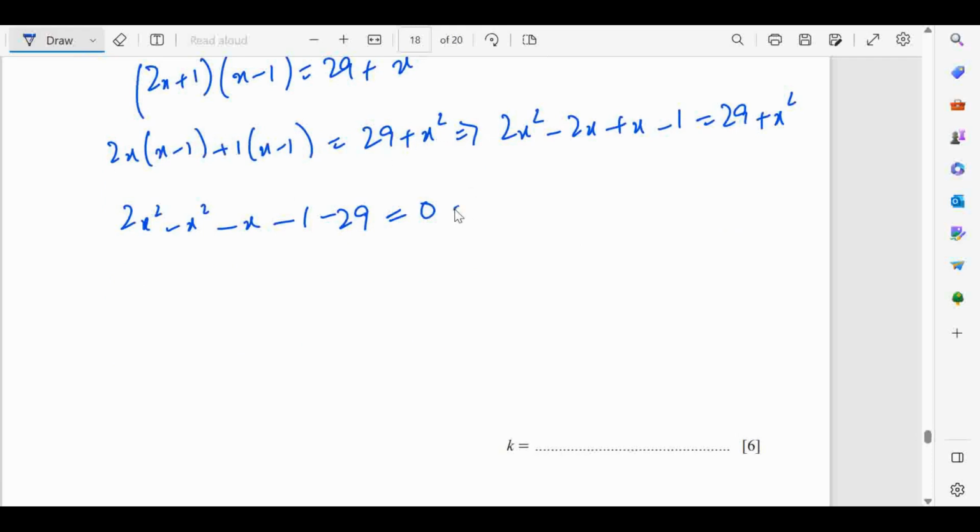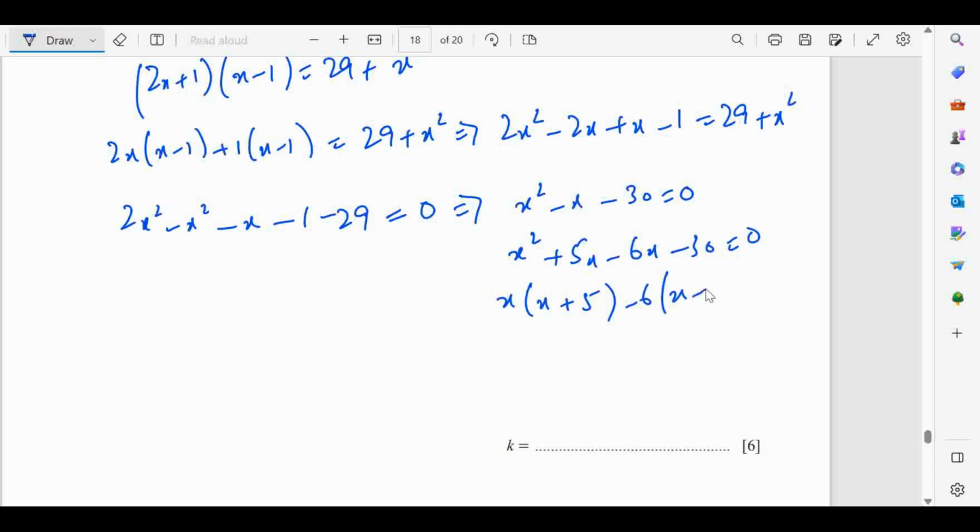Now if we simplify it further, this will become x square minus x minus 30 is equal to 0, and if we use the middle term split, this will be x square plus 5x minus 6x minus 30 is equal to 0, and then we can take x as common, so x plus 5 into x minus 6. So x plus 5 is equal to 0 and x minus 6 is equal to 0.